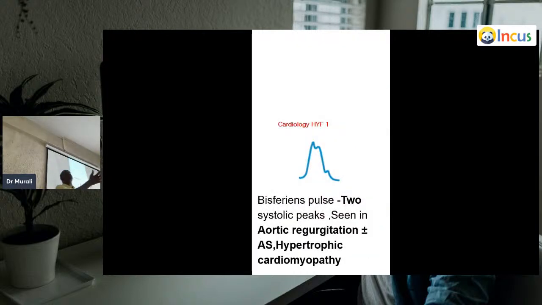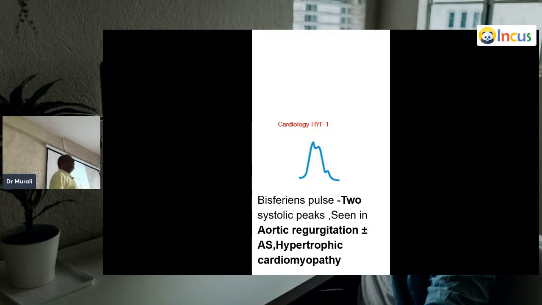Then pulsus bisferiens. There are two peaks in the systole. So whenever the ventricle contracts, then we get the pulse. But there are two peaks in the systole. It is typically a feature of aortic regurgitation plus or minus aortic stenosis, and in hypertrophic cardiomyopathy. Why in hypertrophic cardiomyopathy?